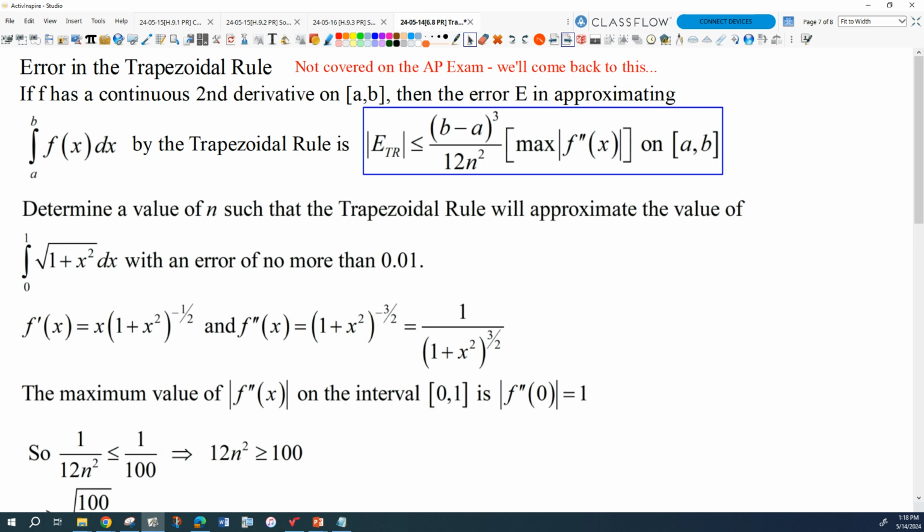That's kind of weird, right? And do you have to get it exact? No, you just have to make sure that you're using enough rectangles that you're guaranteed to be within that error tolerance.